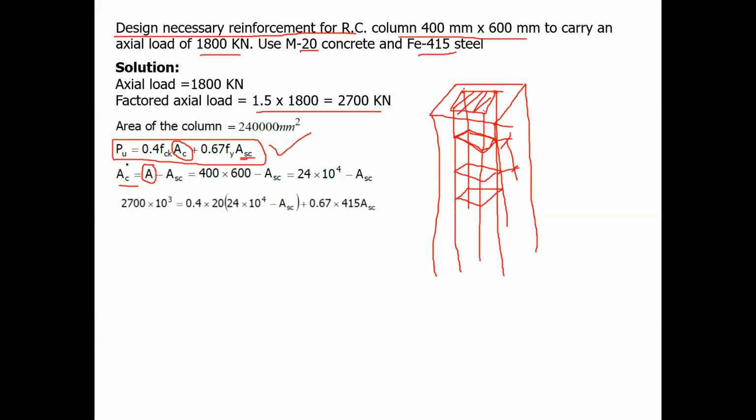That is, you have Pu value is 2,700 into 10 power 3 is equal to 0.4 into fck value 20 into, so here instead of Ac value I have replaced with this term, plus 0.67, fy is 415, as it is mentioned in the question, and Asc I have to keep as it is.